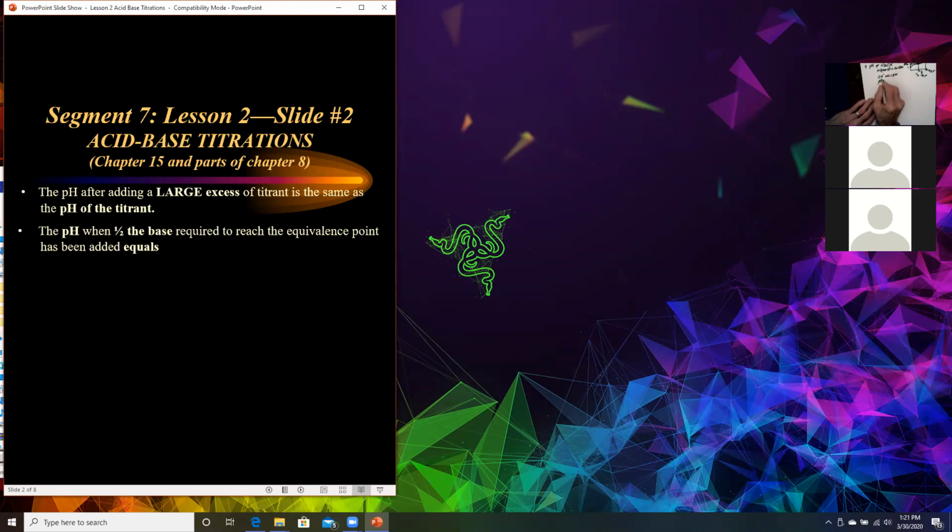The pOH would equal minus the log of 0.15, which is 0.82, and then the pH would be equal to 14 minus pOH, 14 minus 0.82, which is 13.18.